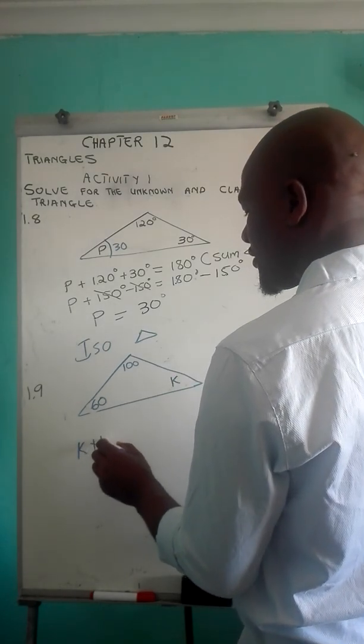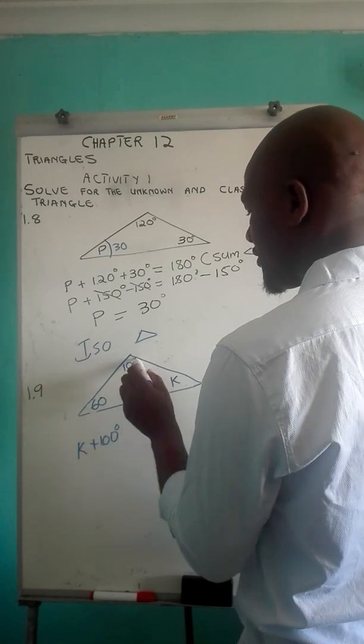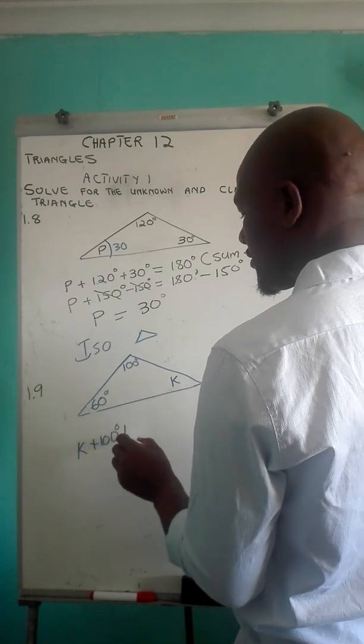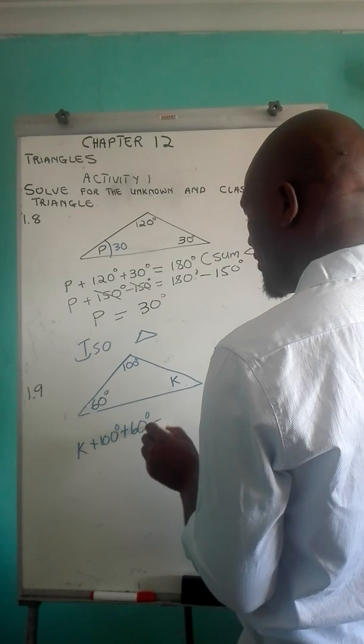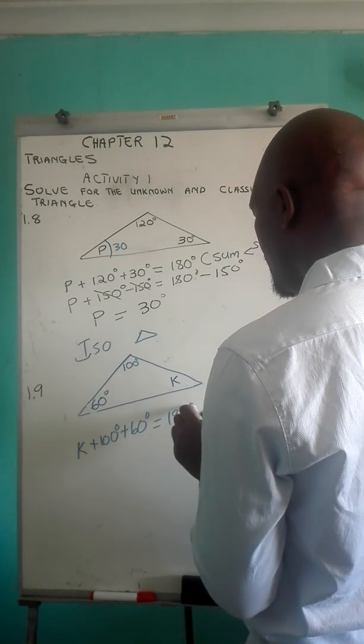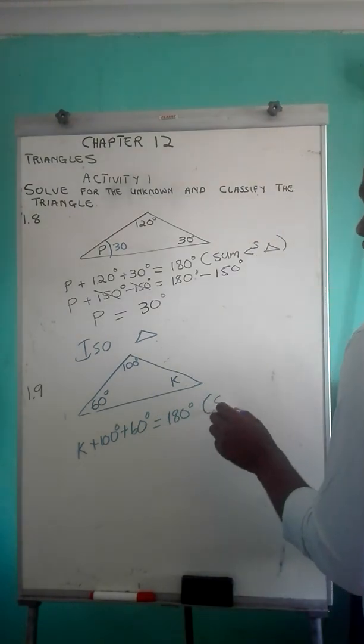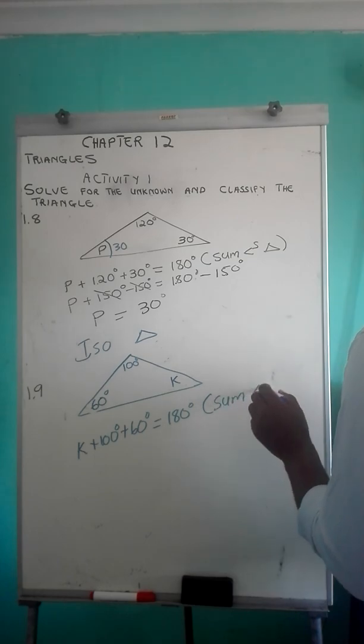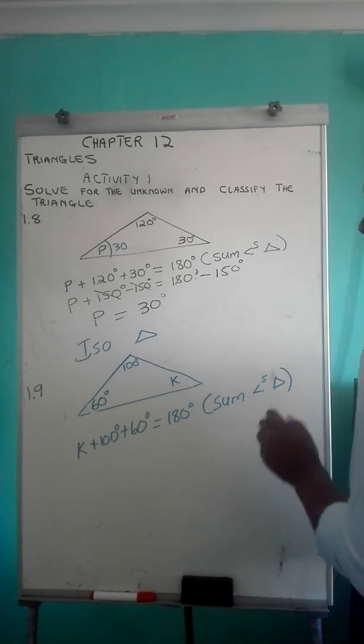K plus 100 degrees plus 60 degrees equals 180 degrees. Sum of the angles of a triangle.